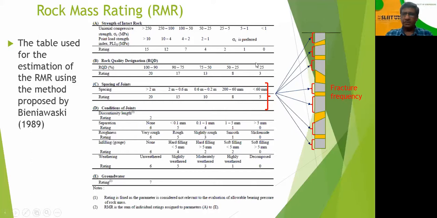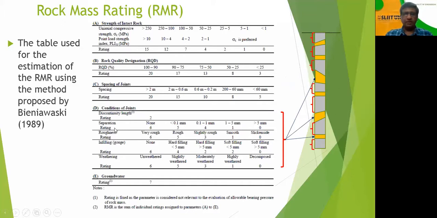The first is the UCS and the RQD, which are given ratings, and then the spacing of the fractures is given a rating, and finally the condition of the joints or fractures, meaning what is inside these fractures. So there are actually 4 ratings here.